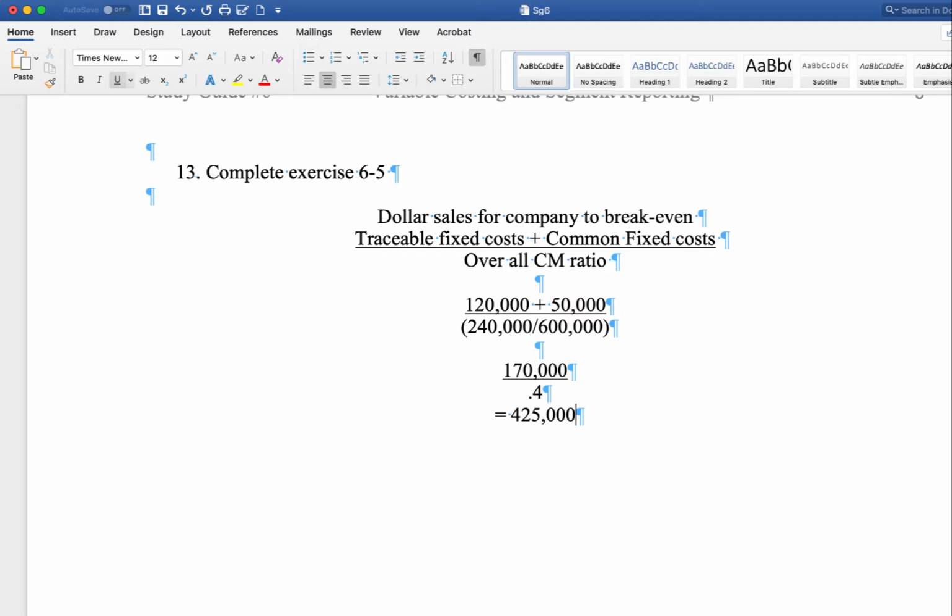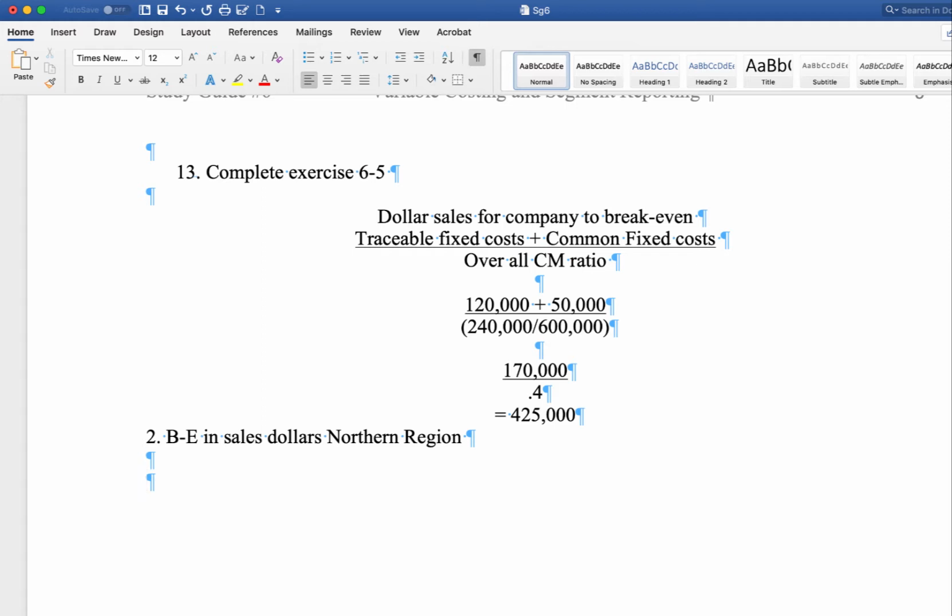Okay, so the next question they ask us, number 2, says, okay, let's calculate the break even in sales dollars for the northern region. Well, that's easy. First thing I got to know is, what is the calculation for the segment?